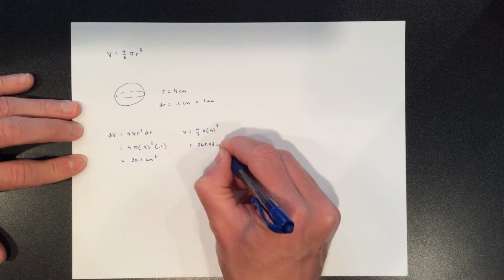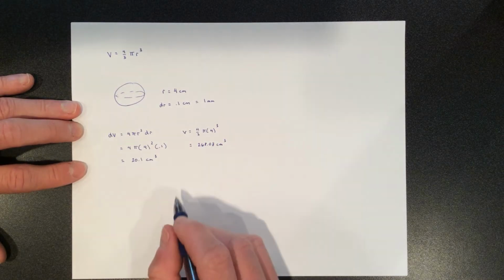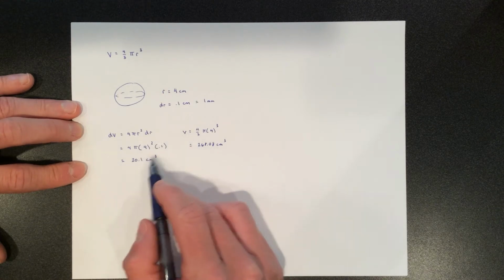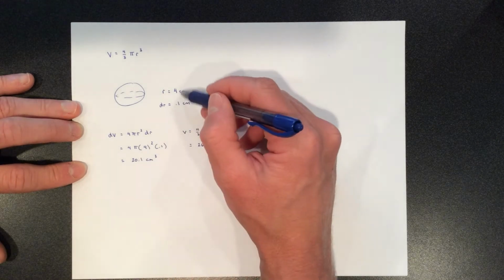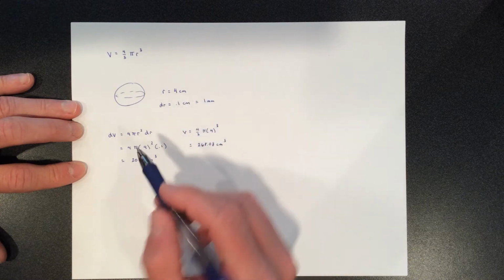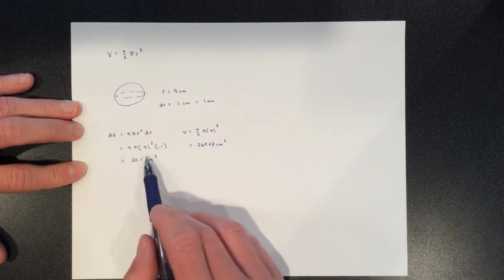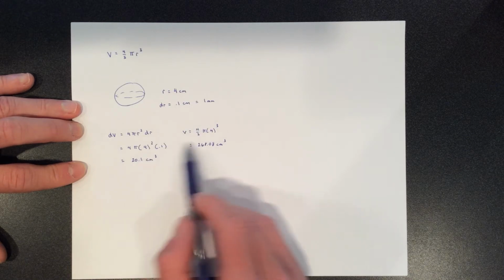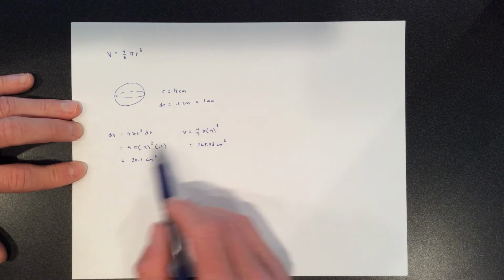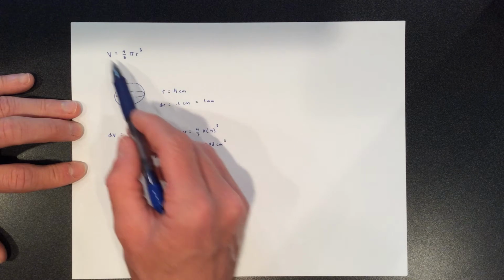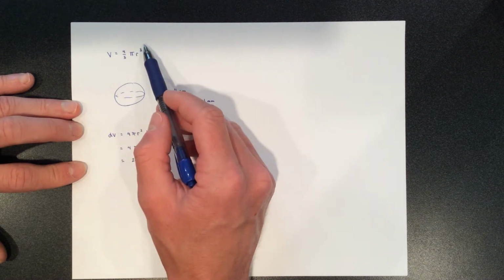268.08 cubic centimeters, right? And if we looked at that ratio, how would it compare to this ratio? And hopefully by the previous example, we can show that this is 3% bigger, or the error here is 3%, or 3 times the error that this is, because the volume is r cubed.